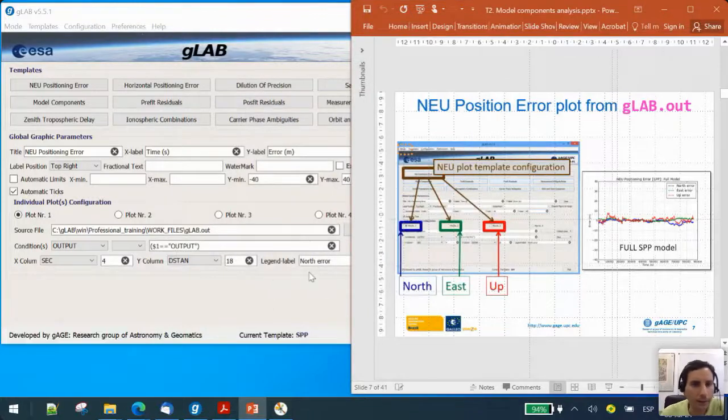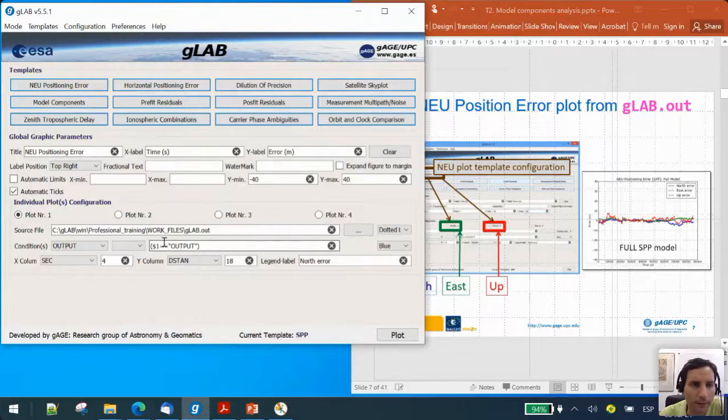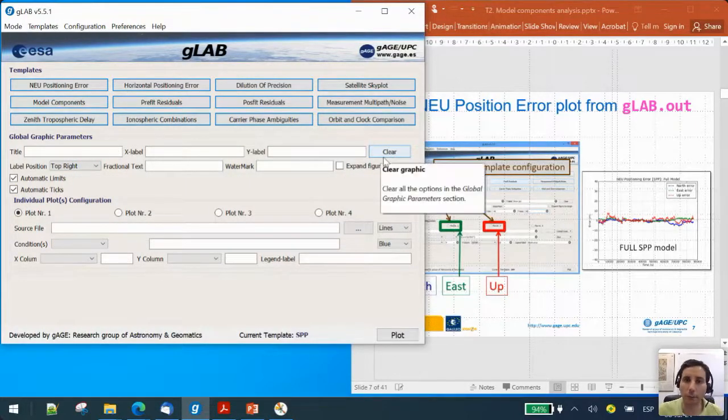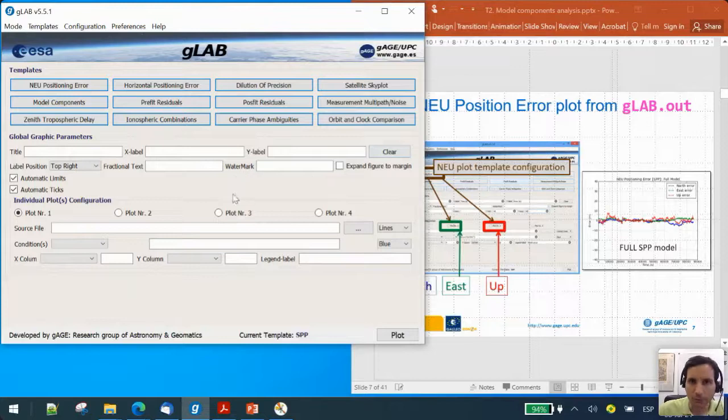And if you look at the plotting tool, at this analysis mode, you can see, maybe it's better when I press clear, here we have a clear button, and that resets everything to 0. You can see that this is the graphical user interface, and that has a limited number of options. But the tool is way more powerful.